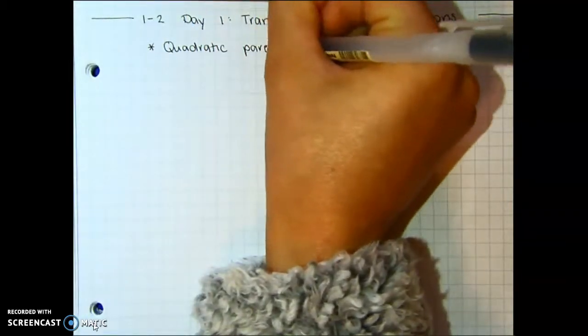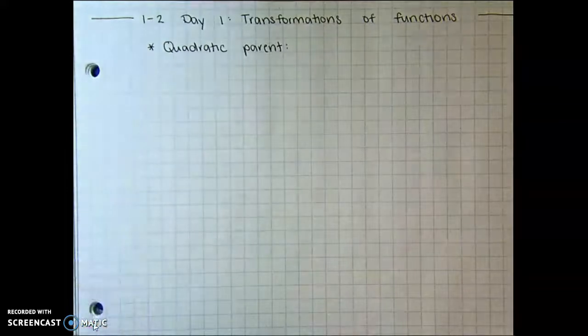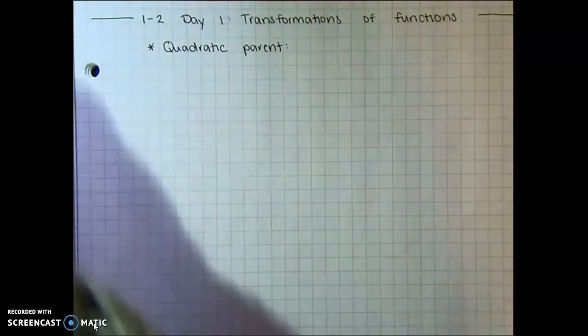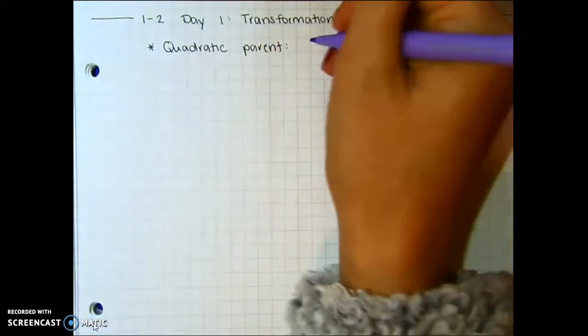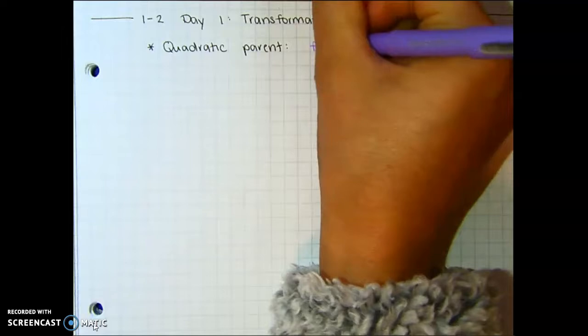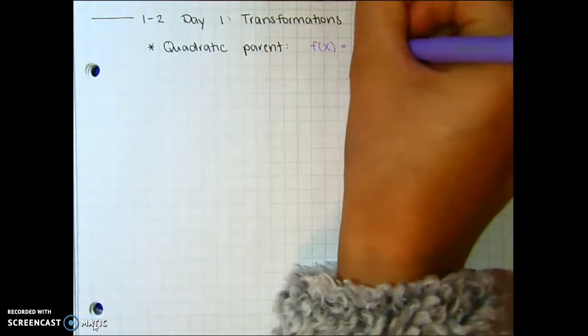So first of all, the quadratic parent. I'm not sure if you guys remember it from Algebra 1. If not, that's okay. The quadratic parent function is f of x equals x squared.